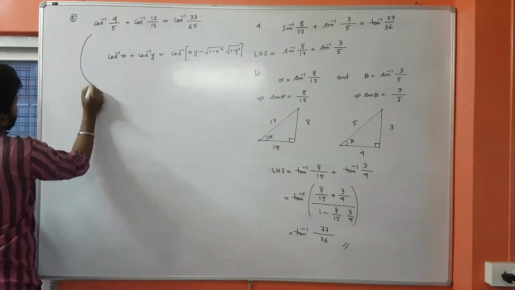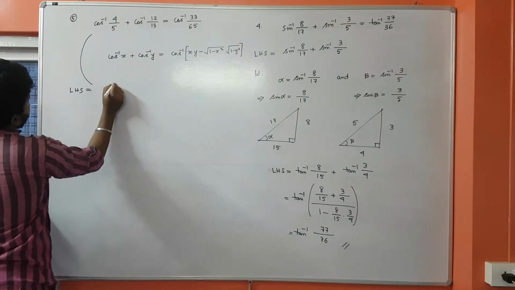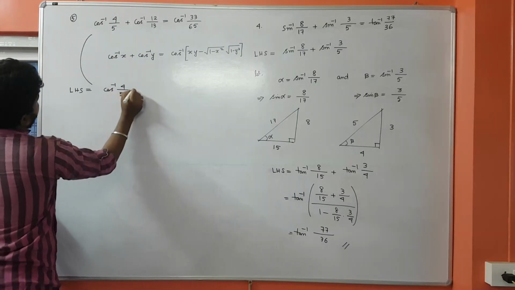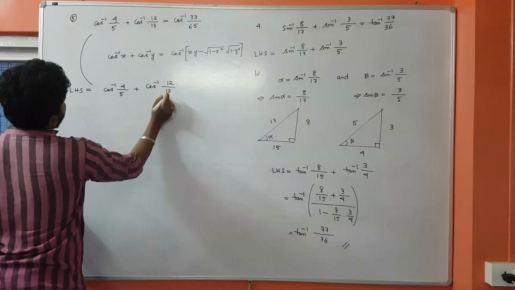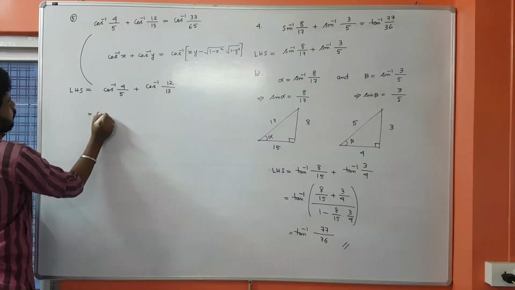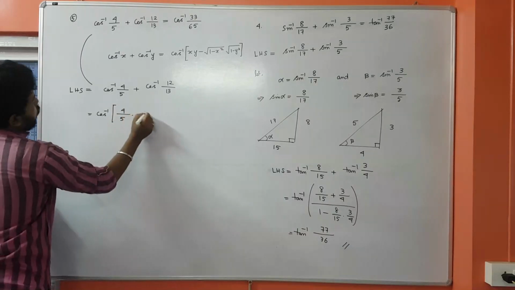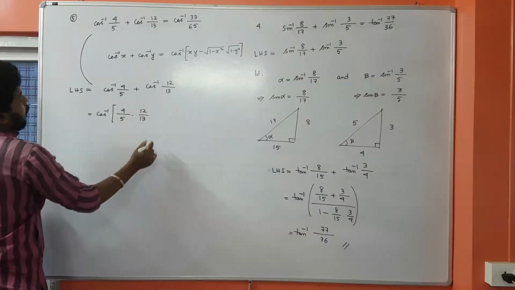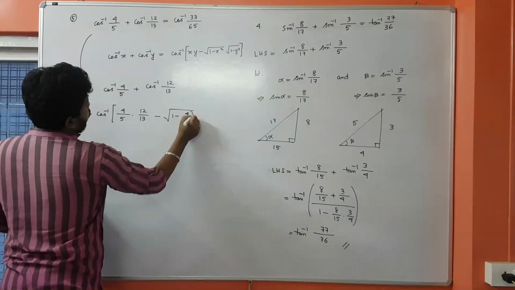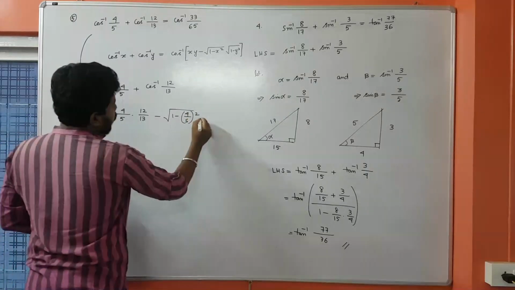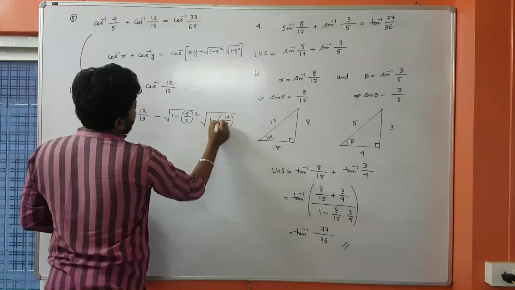LHS will be cos inverse of 4 by 5 plus cos inverse of 12 by 13. If I apply this property, I will get 4 by 5 into 12 by 13 minus square root of 1 minus 4 by 5 square into square root of 1 minus 12 by 13 square.